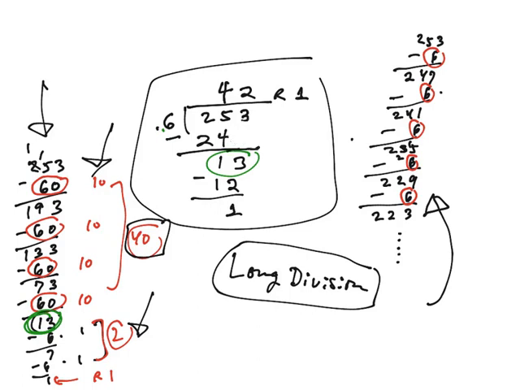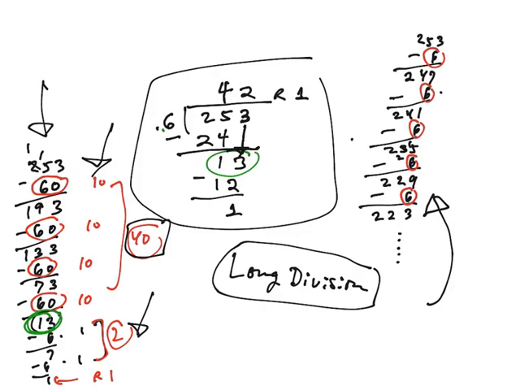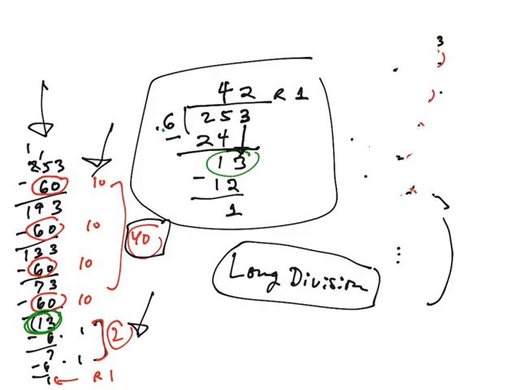But it's kind of implied in there. In actual long division, you do 25 minus 24 is 1, and then you bring down the 3. Let me show that from scratch. Just do it right over here.